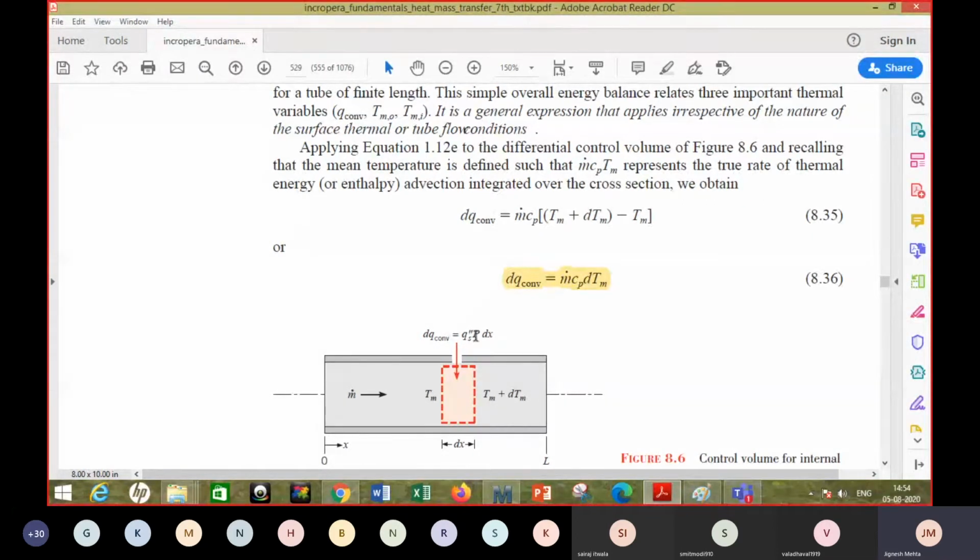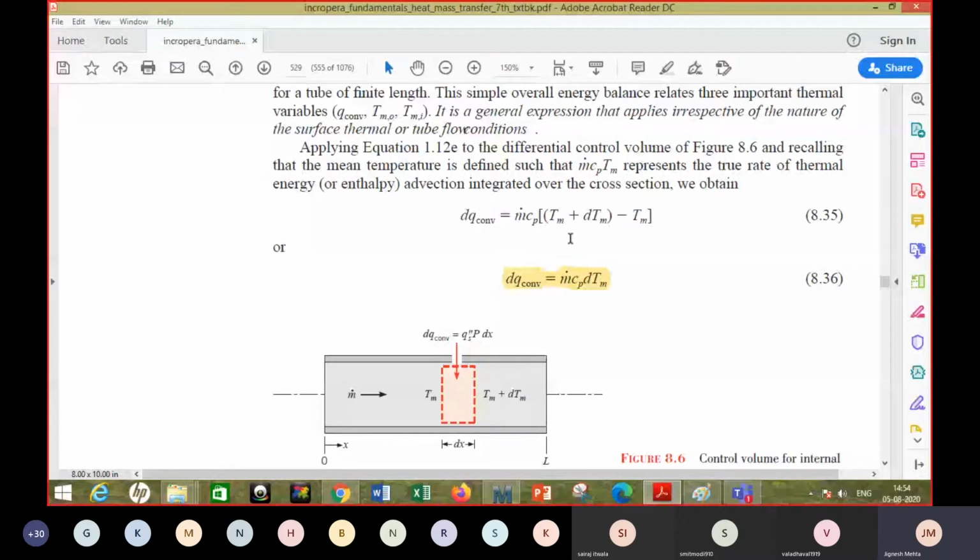Okay. Now this qs double prime may or may not be constant. If you are talking about constant heat flux, it will be constant. If you are talking about constant surface temperature, it may not be constant. But you are taking a small infinitesimal volume, so the surface area is also a small value because this dx is small.